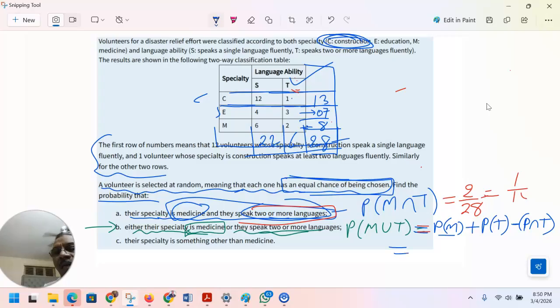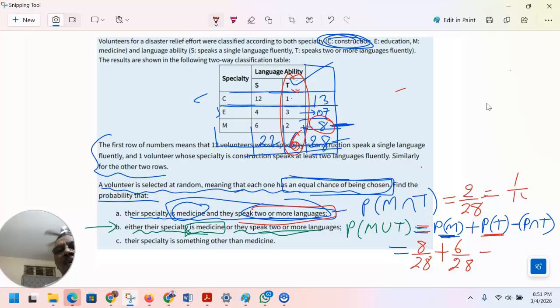Now, medicine is right here, so this is 8 out of 28, plus this total is 6 right here, so this is 6 out of 28.